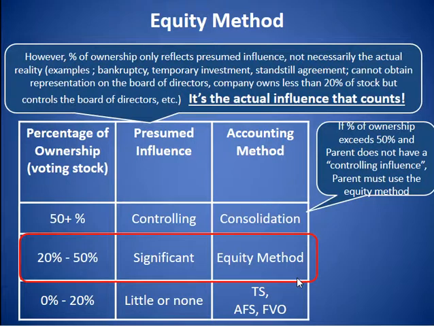Now, the one thing we have to remember is that the percent of ownership only reflects, as I've talked about using this chart in other videos, a presumed influence and not necessarily the actual reality. It's the actual influence that counts. But let's go ahead and talk about how we use the equity method in accounting for an investment.